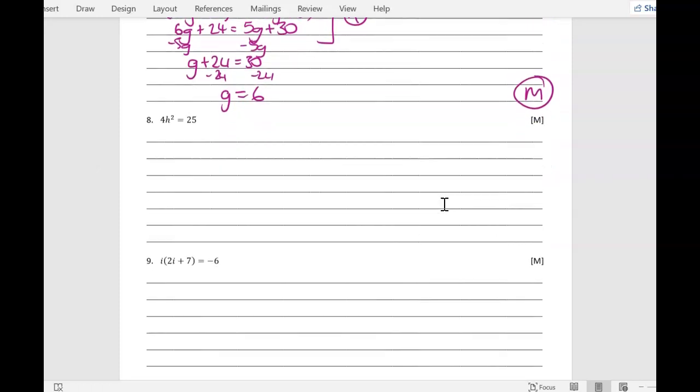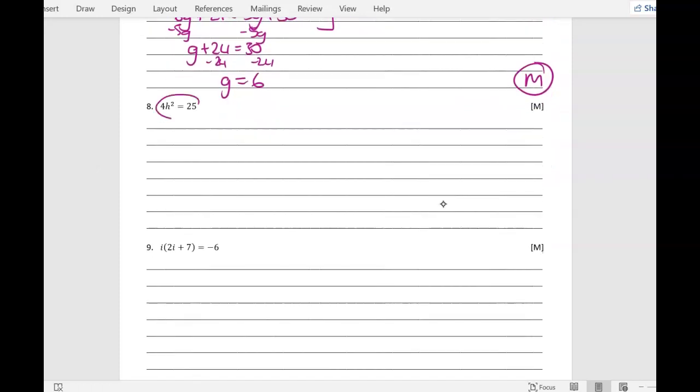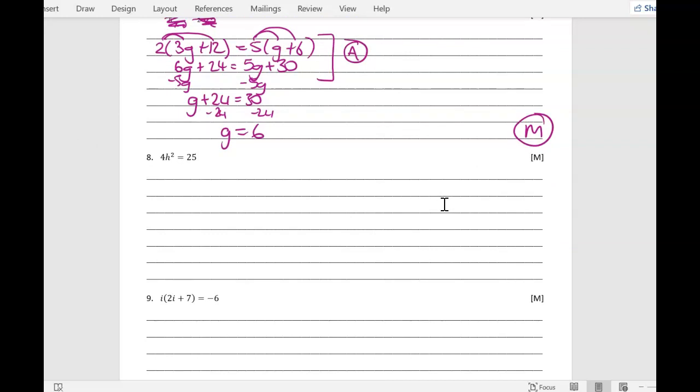We're now looking at question 8. And question 8 was pretty poorly done from the ones I marked. The key thing is h squared makes it a quadratic. So quadratics need to be factorized and they need to be equal to 0. So let's go minus 25 to get rid of that 25 there, and minus 25. So that's going to leave 4h squared minus 25 equals 0.